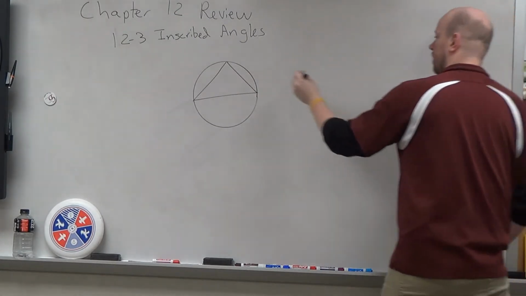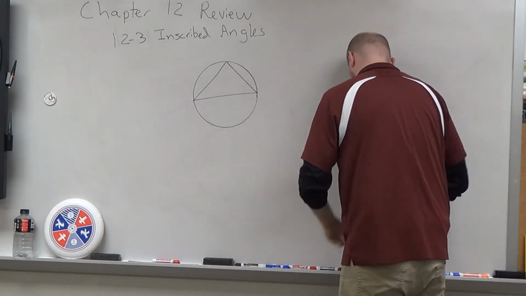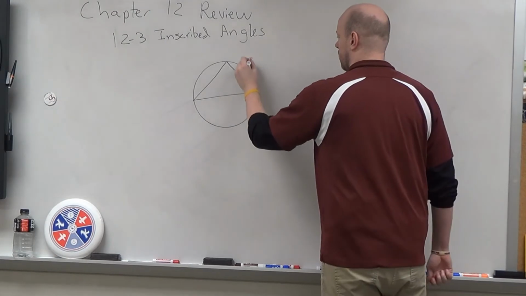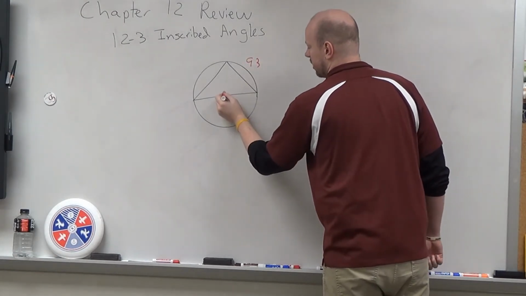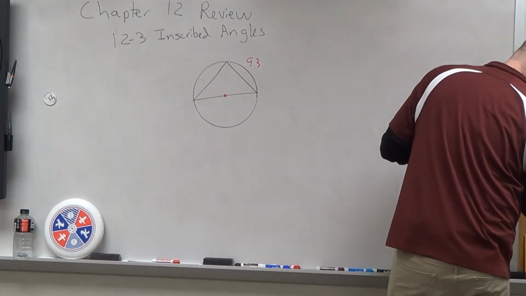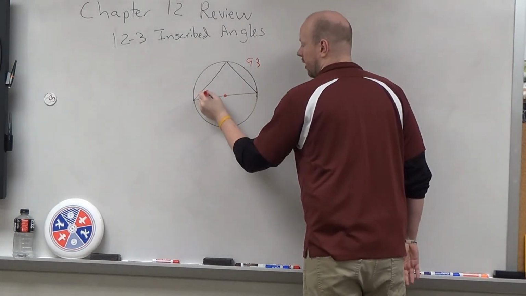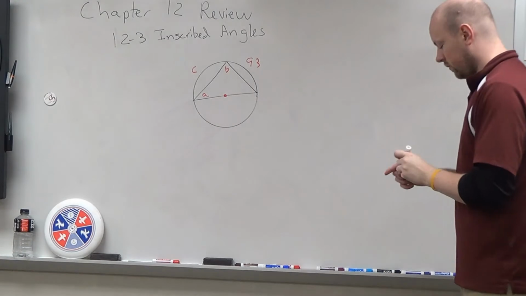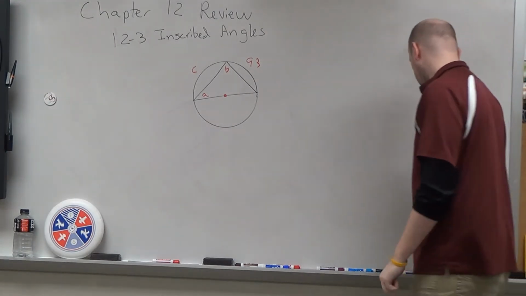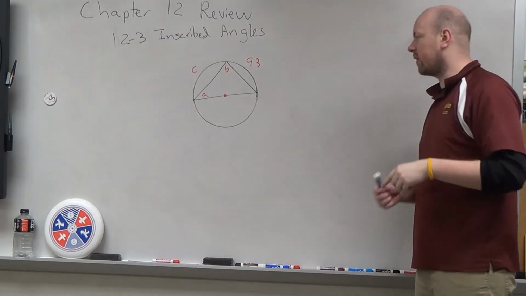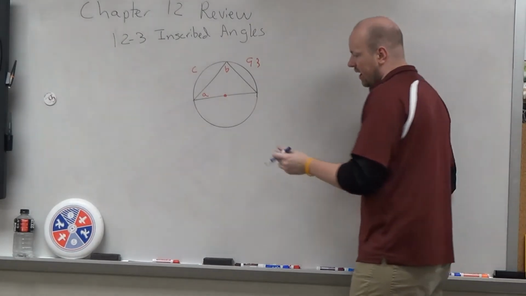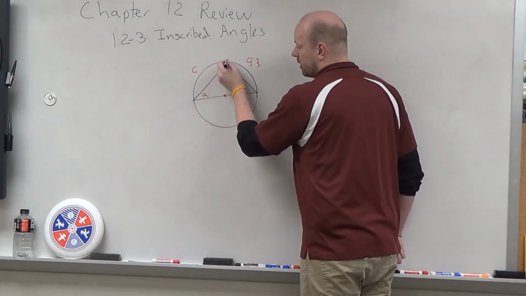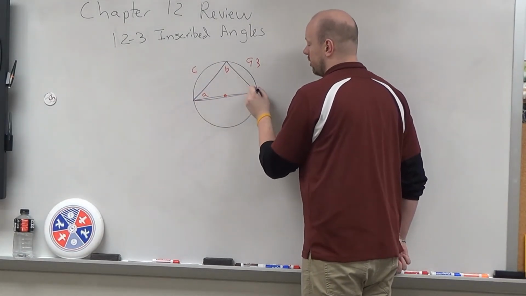So I get, let's see, 93, this is the center. I get A, B, and C. Okay, so again, now we just need to use some of our rules. Well, looking at A is pretty cut and dry. A's arc would just be right here.